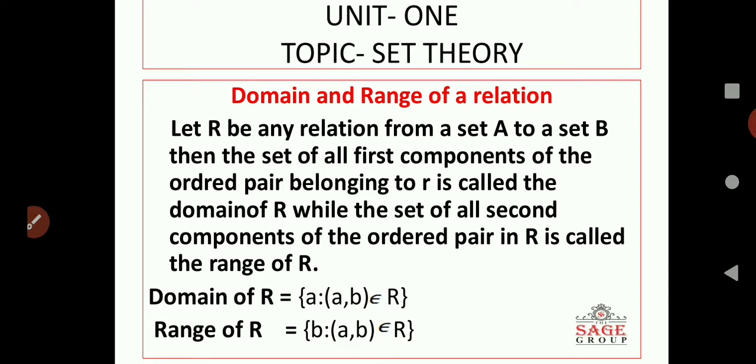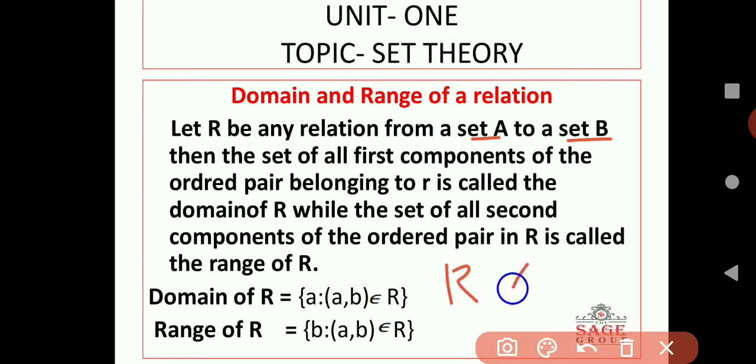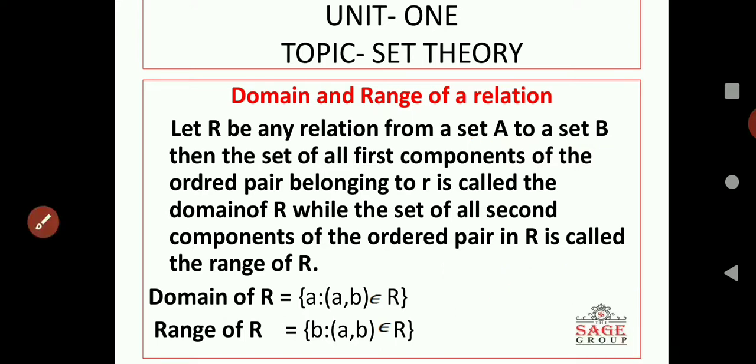Suppose R is any relation from a set A to a set B. Then the set of all first components of the ordered pairs which belong to R is called the domain of R, and the set of all second components of the ordered pairs which belong to R is called the range of R.